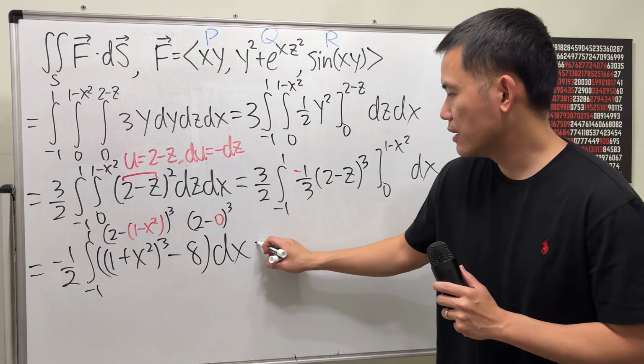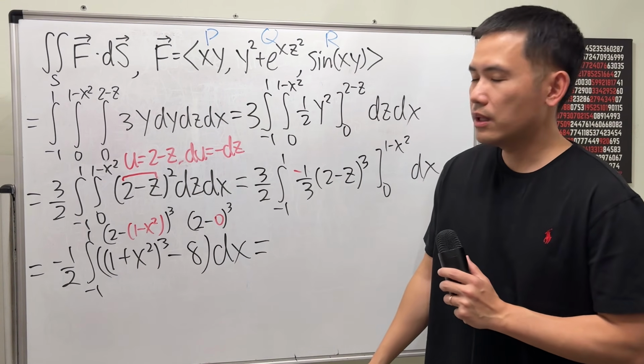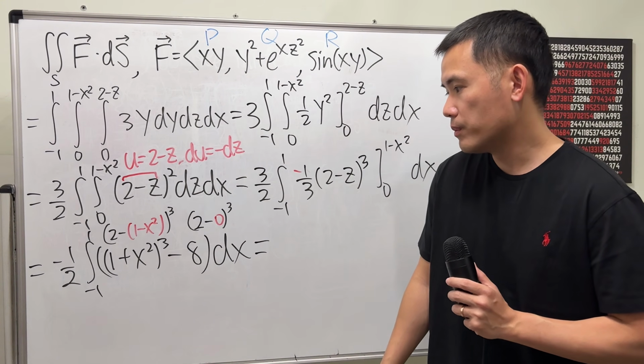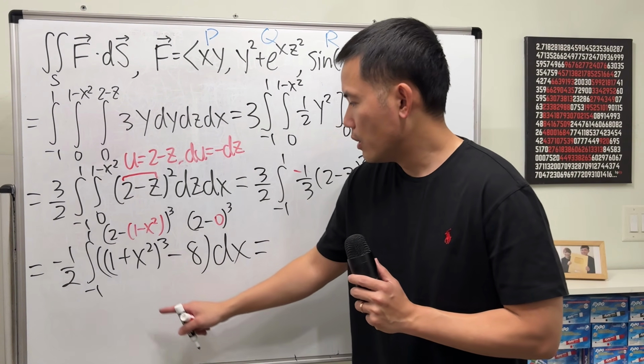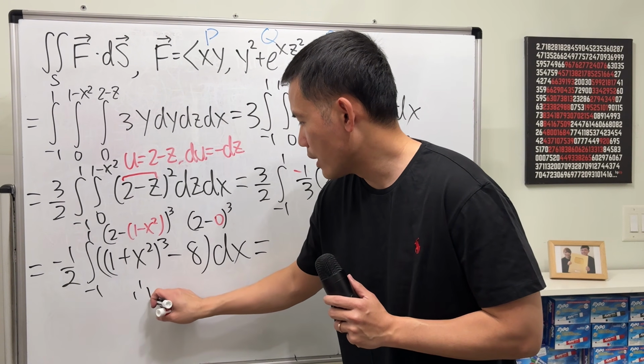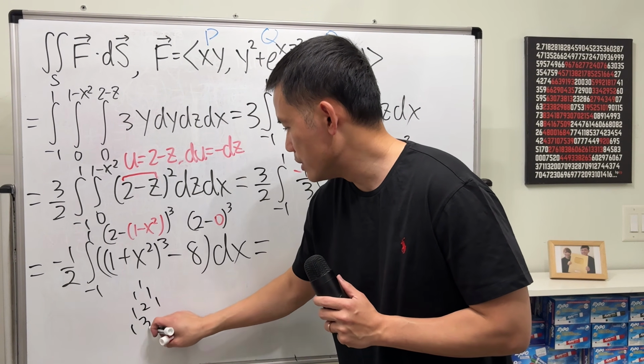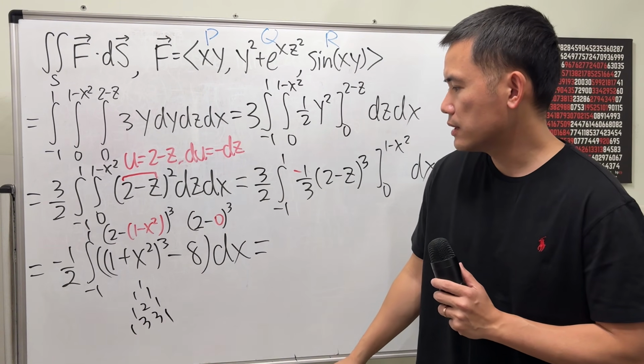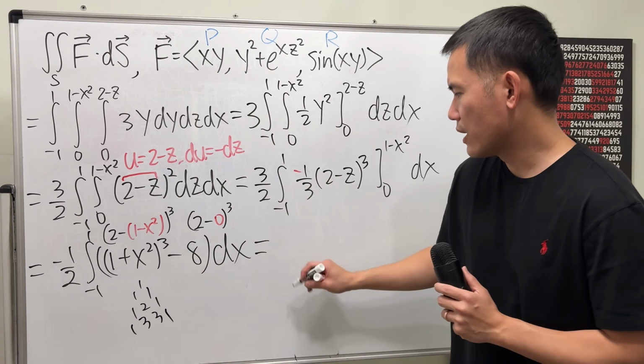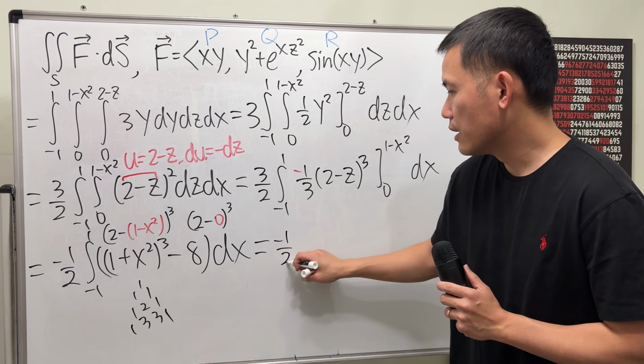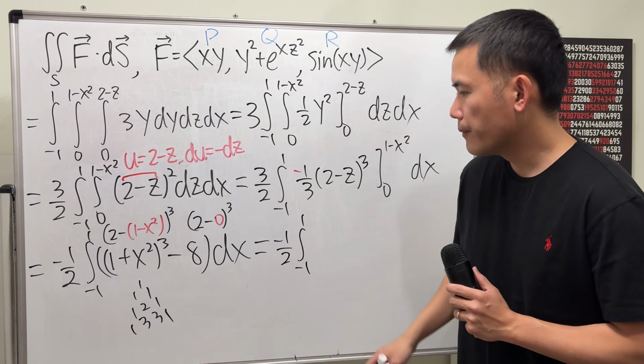Okay, and I'm going to expand this real quick, and we can use the binomial theorem or Pascal's triangle. It's just 1, 1, 1, 1, 2, 1, 1, 3, 3, 1. So these are the coefficients. And we have the 1/2 in the front, negative, and that's integral -1 to 1.